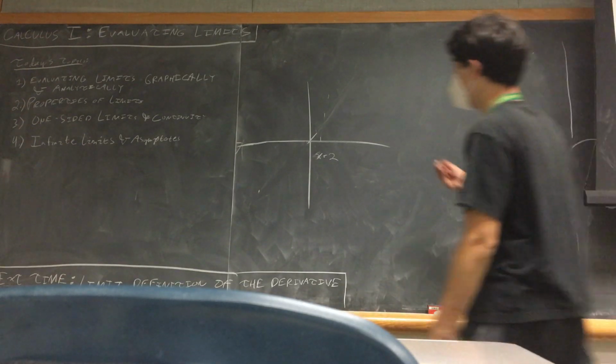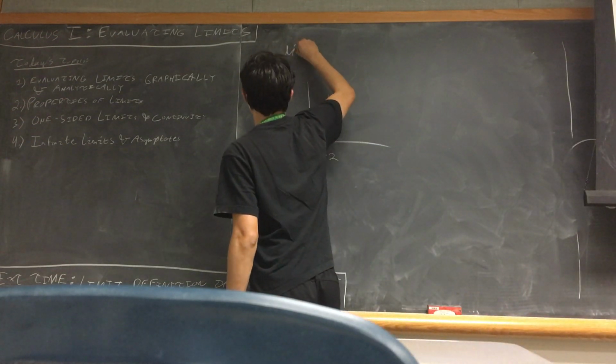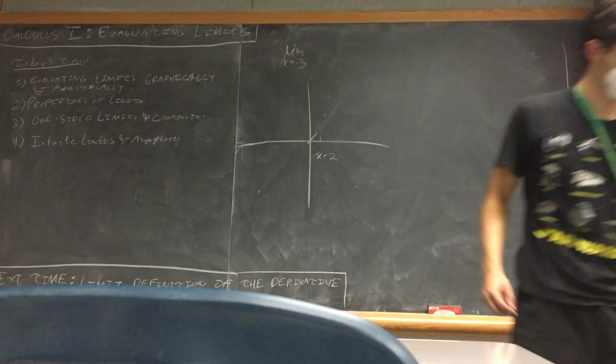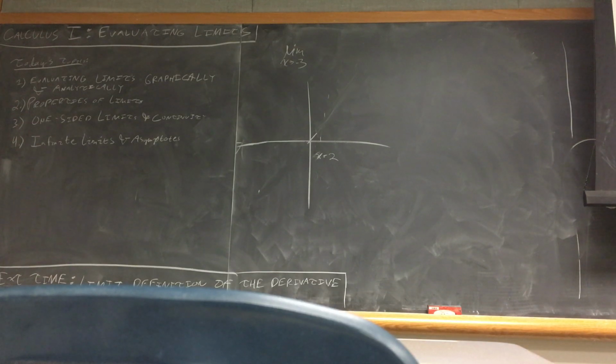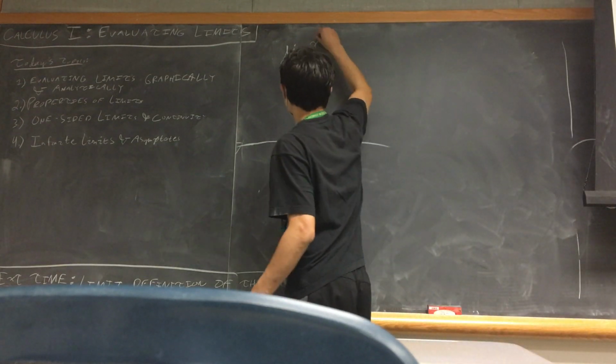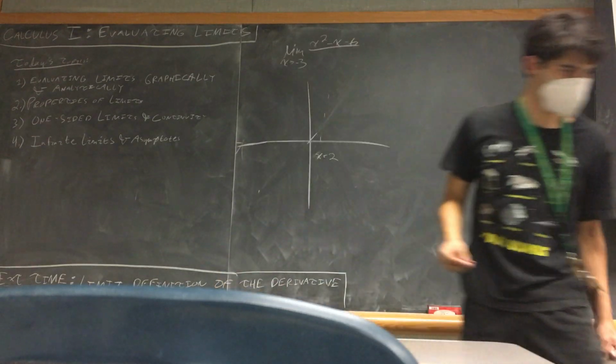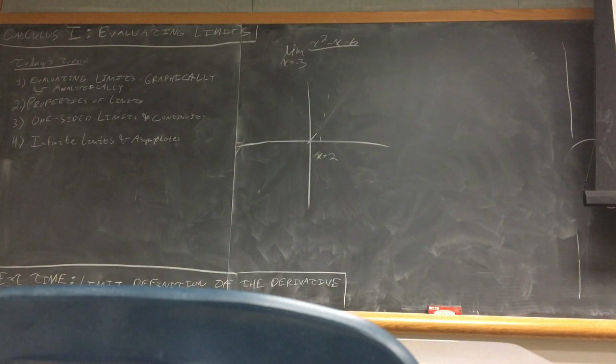We do the limit as x approaches -3 of x squared minus x minus 6 over x plus 3.